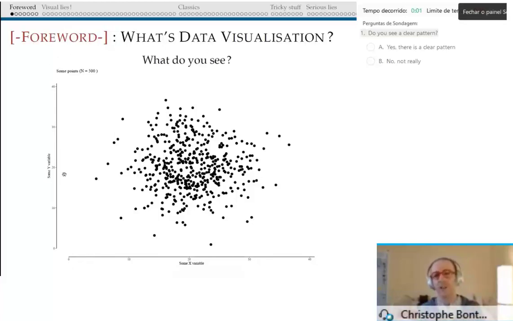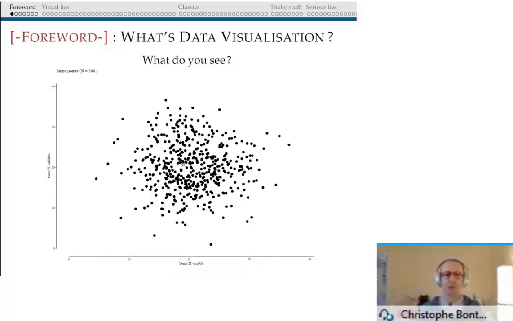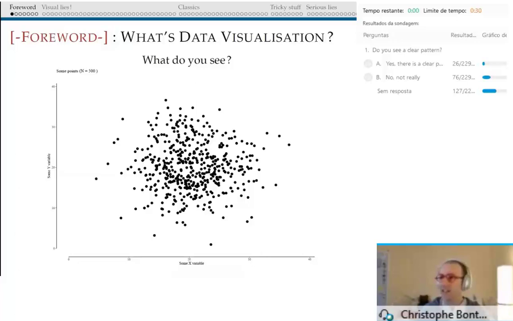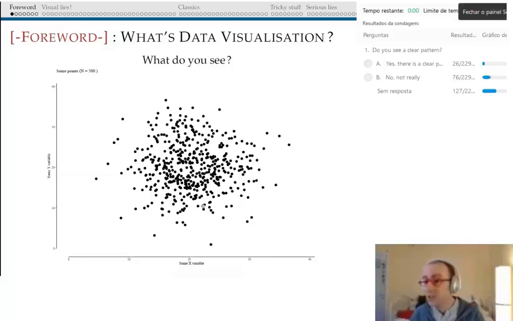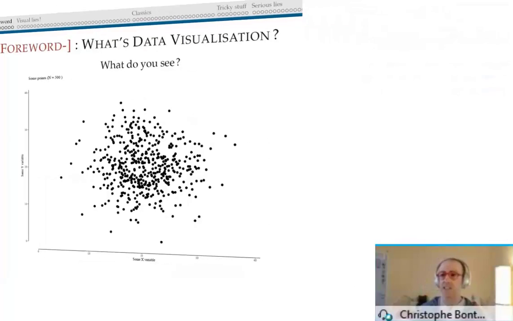I didn't provide any context, just something, and some data are represented here. And the question is, do you see something? Do you see a pattern here? And the answer is that you do not really see something.